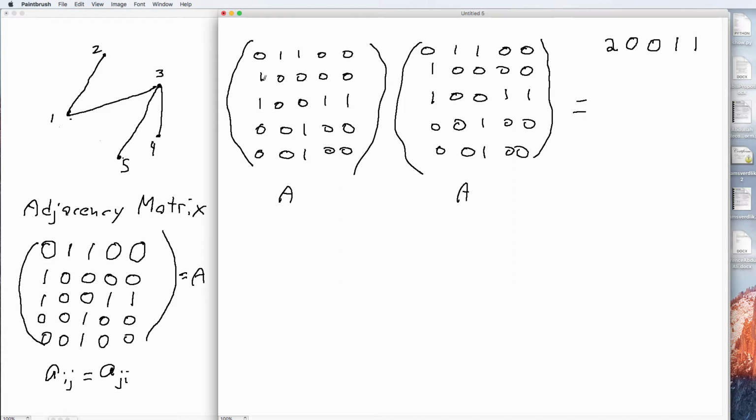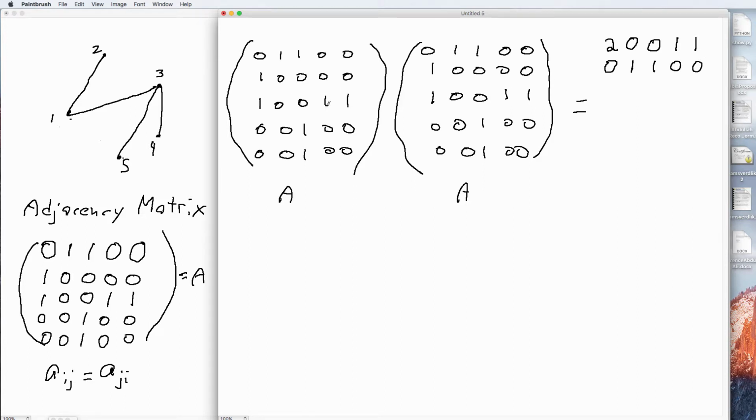So I'm going to come over here now and multiply this times that. That's a 0. And in fact, as I multiply this times this, the only places where I'm going to get non-zero entries is wherever I've got a non-zero entry in the first one, so I've got to look here where I get non-zero entries. So it's going to be there and there. That's going to be a 1 and a 1, and these will be zeros.